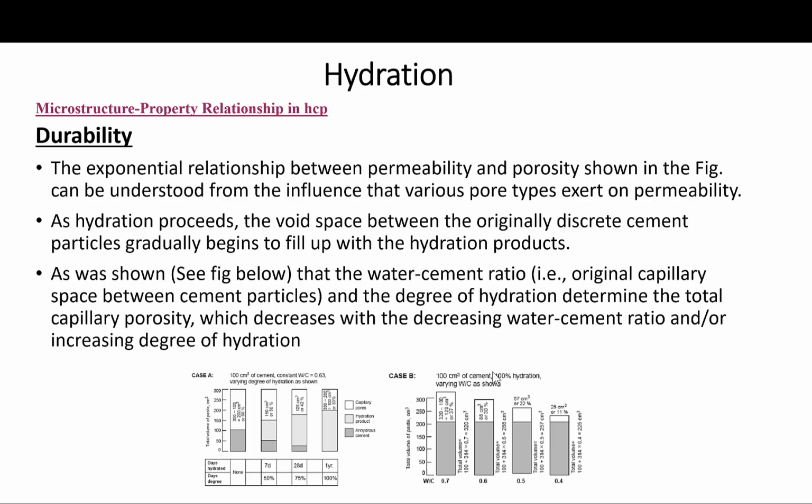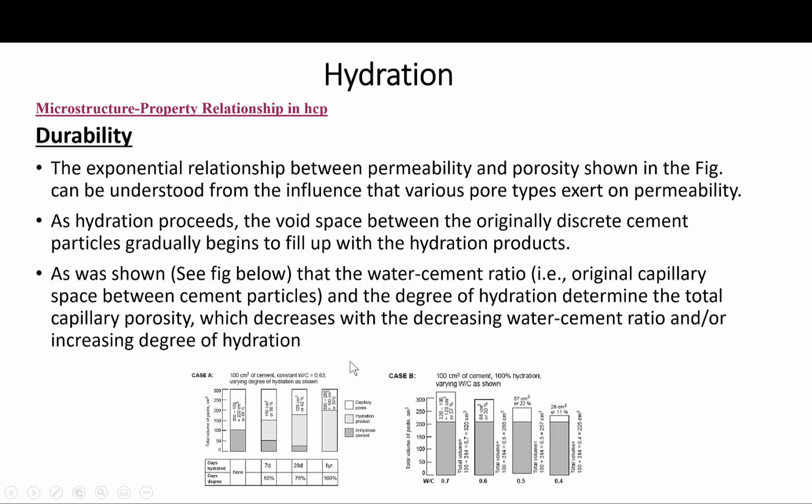As has been shown and explained previously, the water cement ratio, which is the original capillary space between the cement particles, and the degree of hydration determine the total capillary porosity, which decreases with the decrease in water cement ratio and or the increase in degree of hydration.